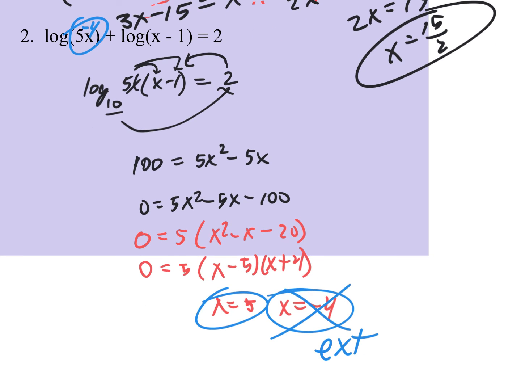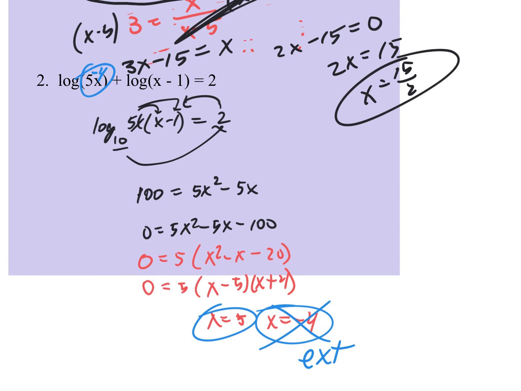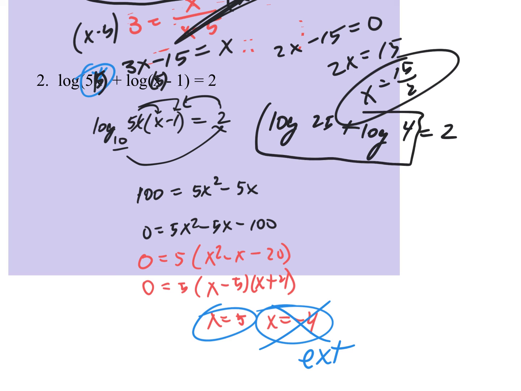Extraneous. But what if I had somehow messed up my factoring and it wasn't really 5, it was like negative 5? Well, I can check the 5 and see if it works. So I put a 5 here, and I put a 5 here. And so it's log 25 plus log 4 is supposed to equal 2. Those are the same base, so I can combine them, right?